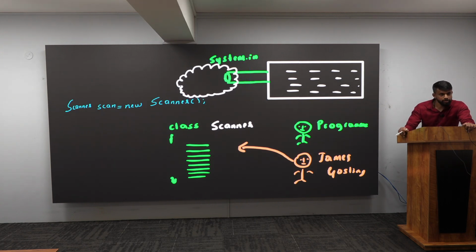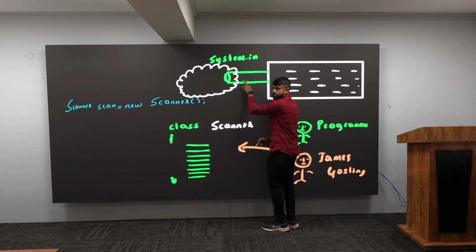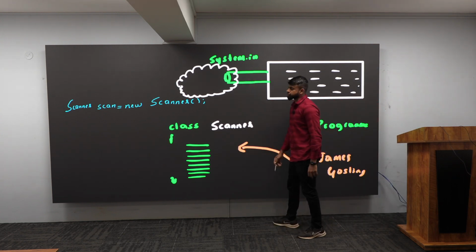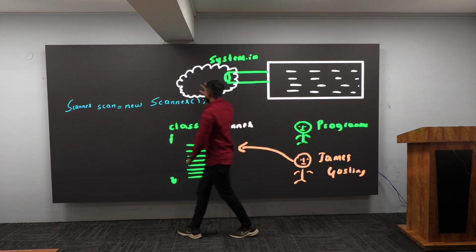Whatever the object you have created, to whom you should connect? You should connect to a system.in. That is what you should do. Question arises, okay sir, I will do it, but programmatically how should I do it, sir? Watch it.